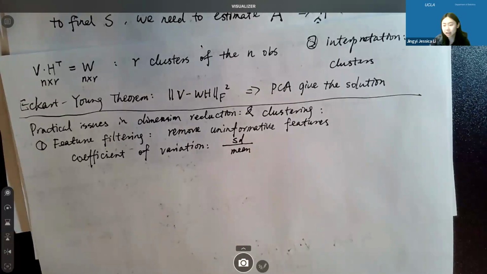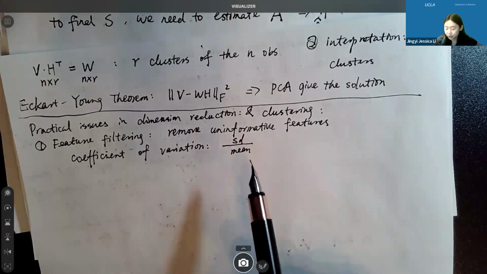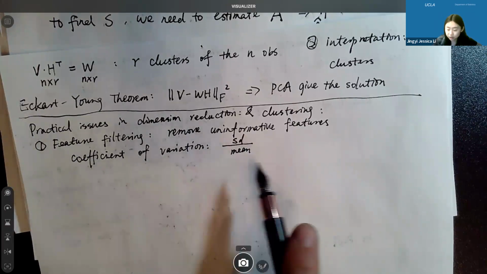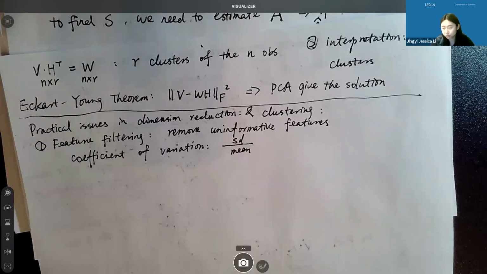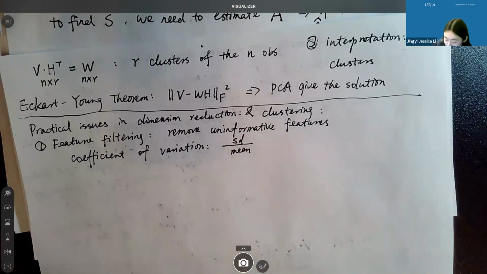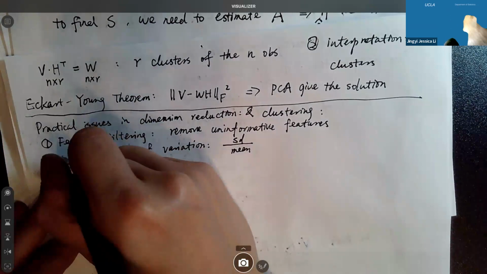This is under the idea that for many distributions, the variance may increase with the mean. For example, for Poisson, we know that the larger the mean, the larger the variance, right? So people say if I just compare the variance, that may not be so meaningful. The variance comparison is only meaningful if I consider the mean difference, and that amounts to the definition of the coefficient of variation. So many people rank features by the CV, and they just keep the top features with the largest CV. So this is one approach.